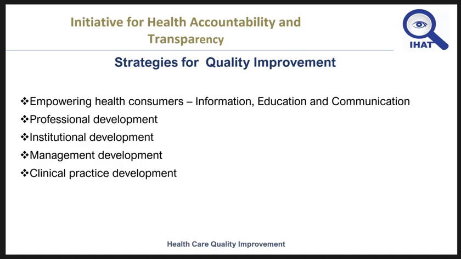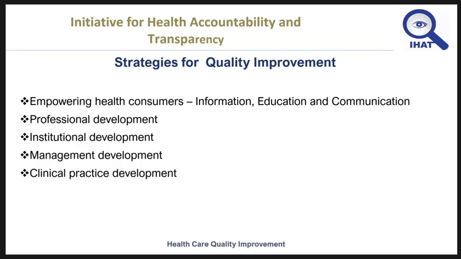This process encourages consumers to be actively involved in the provision of health services. On the other hand, professional development involves developing specific competencies needed to achieve improvement goals such as skills. And these skills may be technical skills, interpersonal skills, or skills related to critical thinking or problem solving.